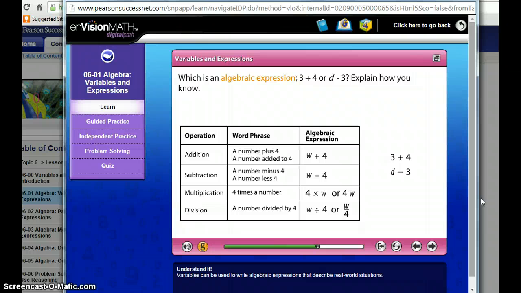Now, if tomorrow we see W plus 4 equals 5, now we can figure out what W means. It must stand for 1. Or if we see W divided by 4 equals 8, then we must know that W equals 32, because 32 divided by 4 equals 8, okay?